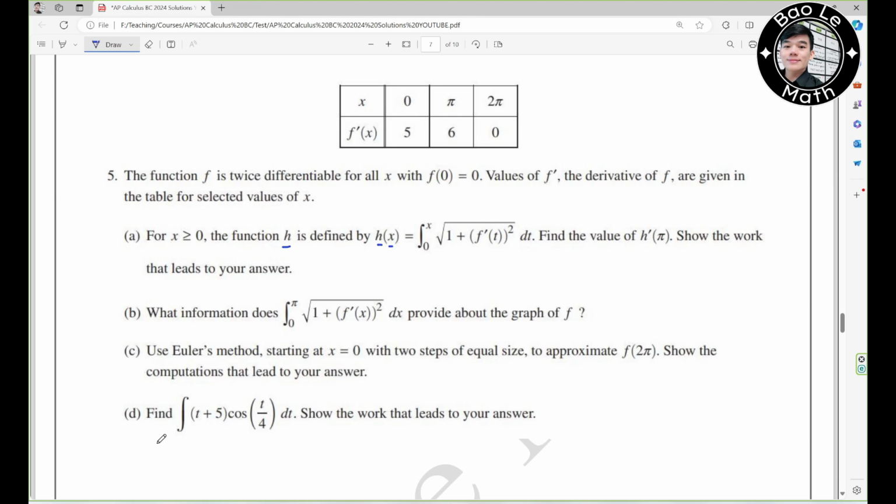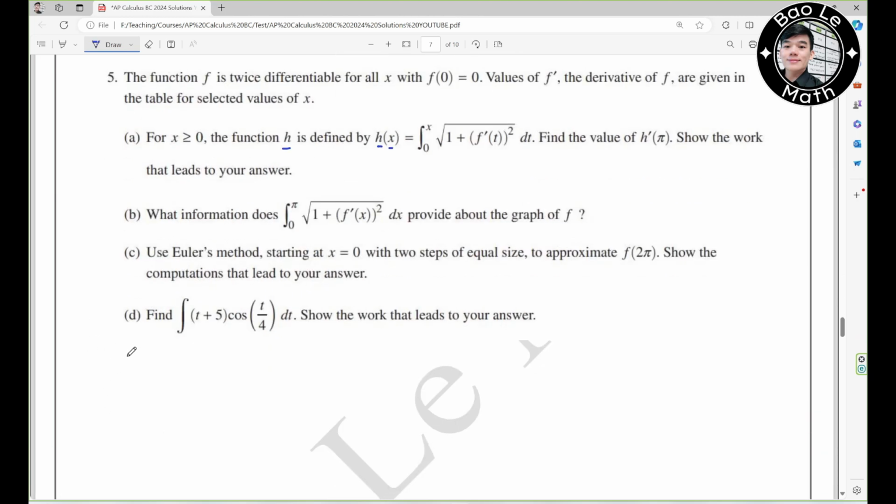Alright, so question A right here. Basically, h of s equals the integral from 0 to s of square root of 1 plus f prime of t squared dt.